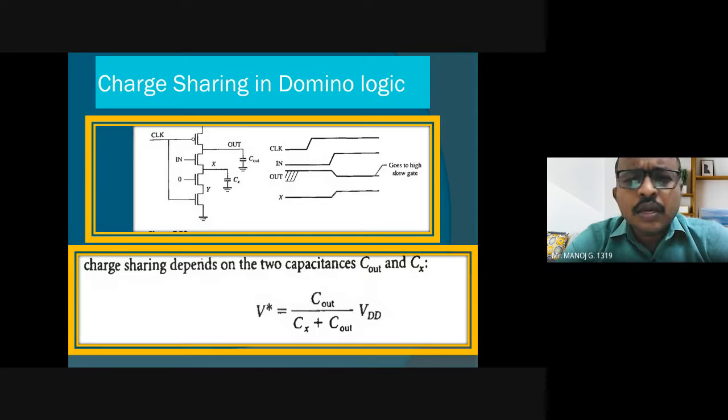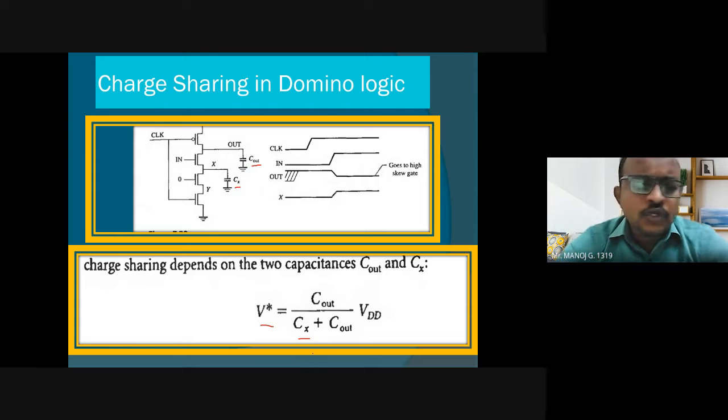Okay, now how do you calculate the charge sharing? It is given as V equal to Cout divided by Cx, where Cx is the capacitance across this particular point. Cout is the output load capacitance times VDD. So this is how the charge sharing capacitance is evaluated.